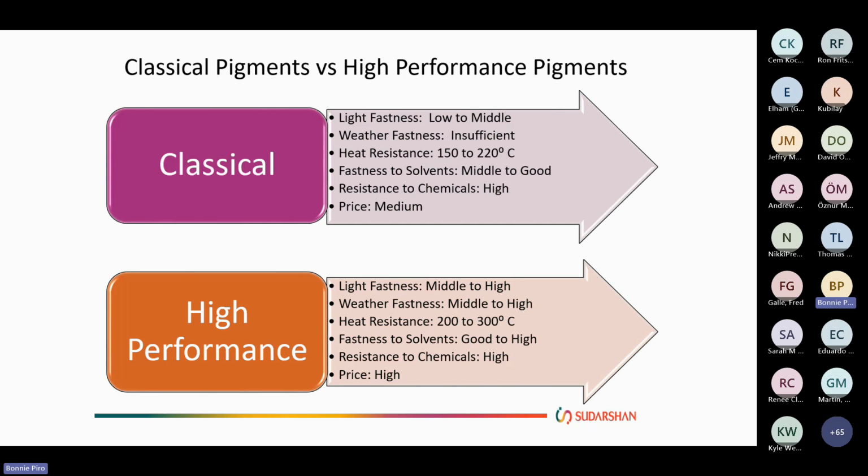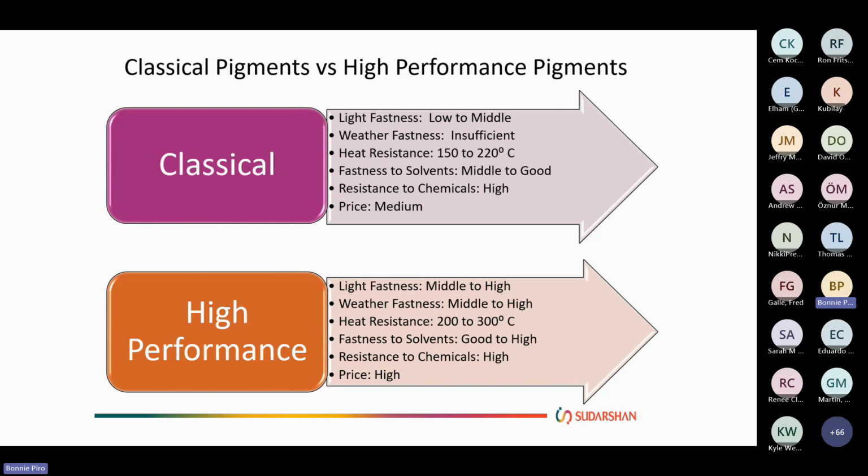So I mentioned they cover both the classical pigments as well as the high performance pigments. And as the name implies, they are classified that way in terms of their performance perspective. The classical tend to be lower to middle fastness properties, and lower to middle heat resistance as well.